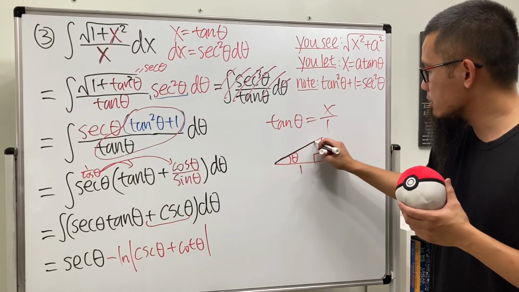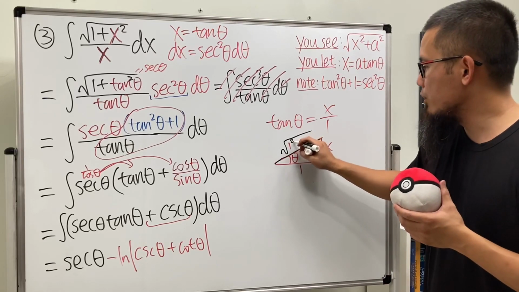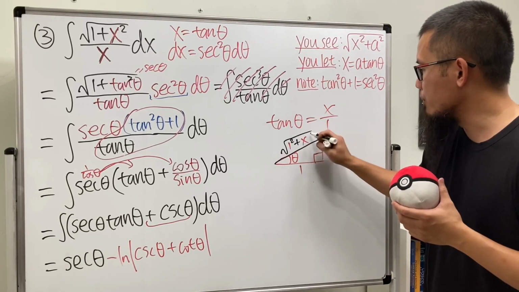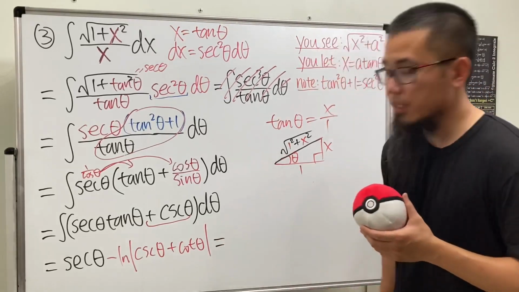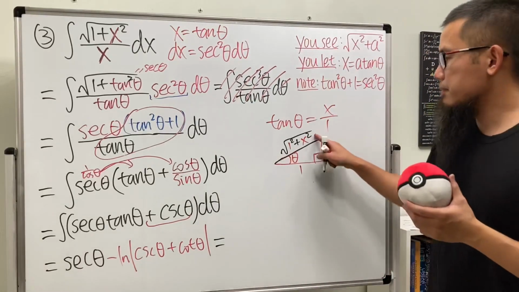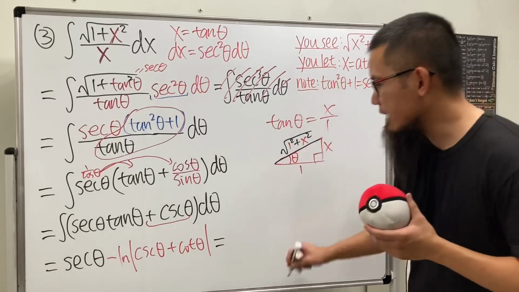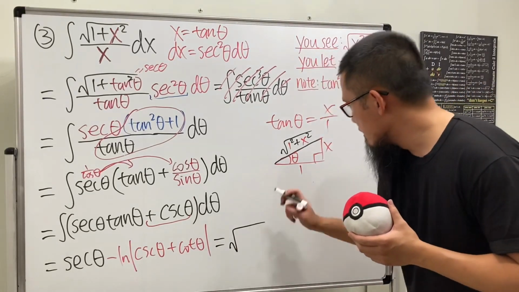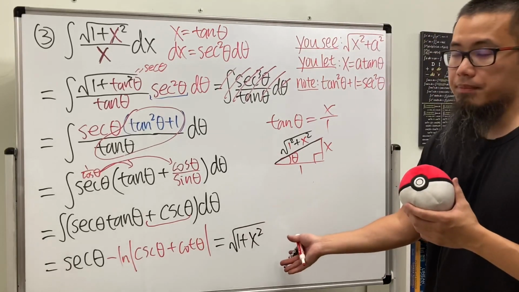Hypotenuse is square root of this guy plus that guy, and both of them to the second power individually, like so. With this, we can figure that out. Check this out. Here we have secant theta. Secant is hypotenuse over adjacent. So we just have that. So that's the first part. Square root of 1 plus x squared. And we are done for that.